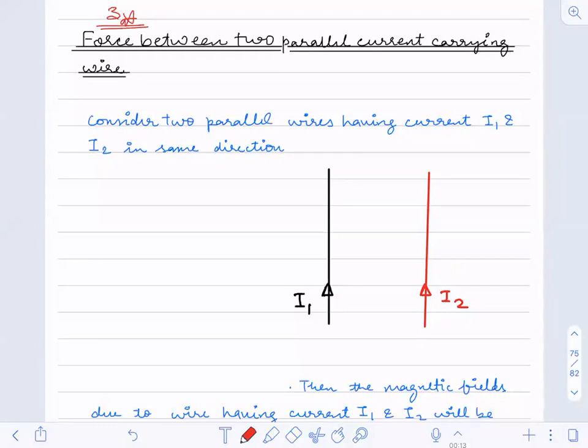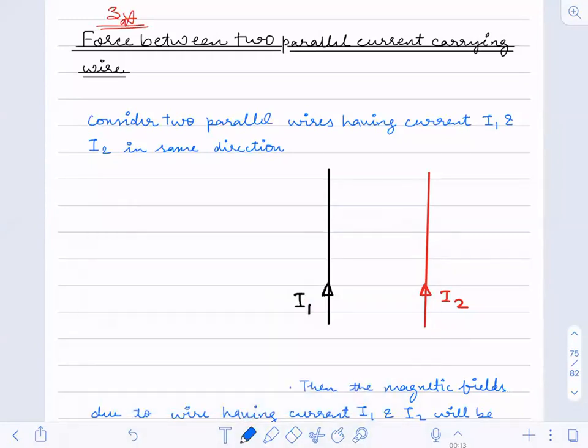Now you just tell me what will be the magnetic field due to wire 1 and what will be the magnetic field due to wire 2.